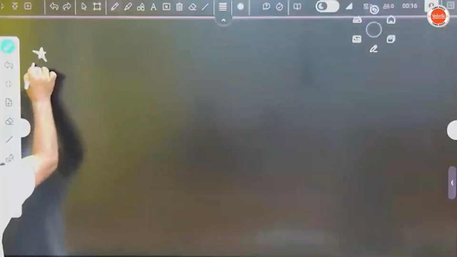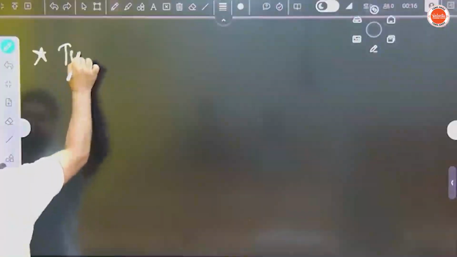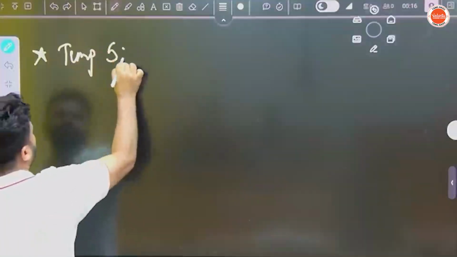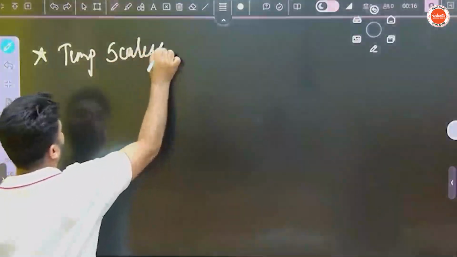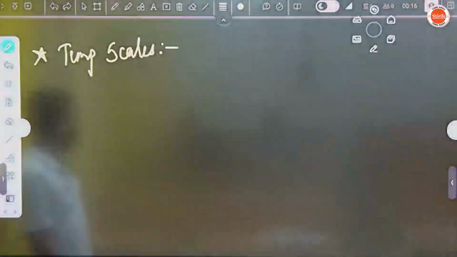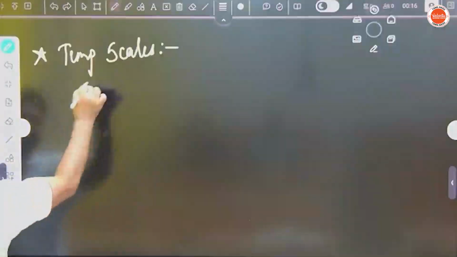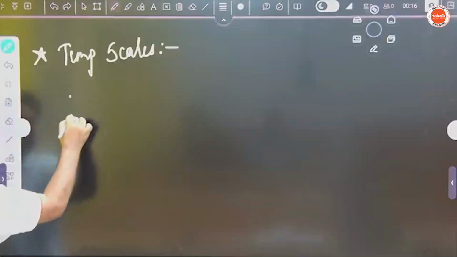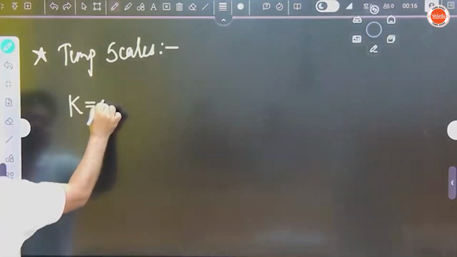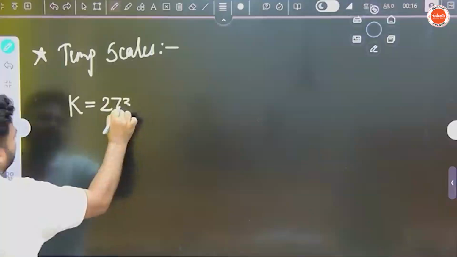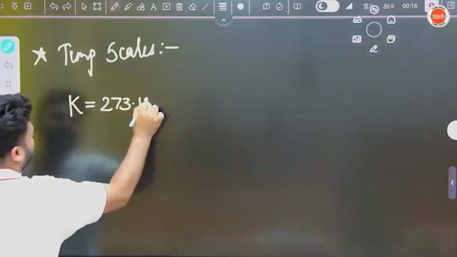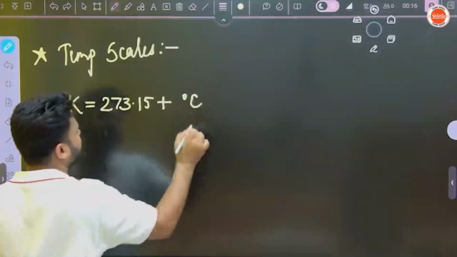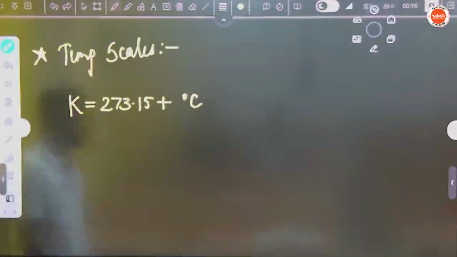Temperature in Kelvin equals 273.15 plus temperature in degrees Celsius. This is a relation that you need to remember.